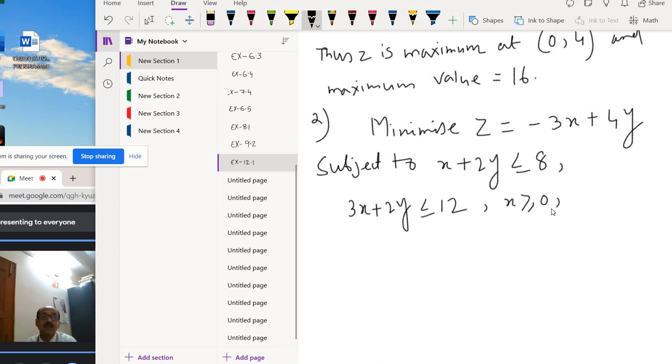So two inequalities are x plus 2y less than or equal to 8 and 3x plus 2y less than or equal to 12.